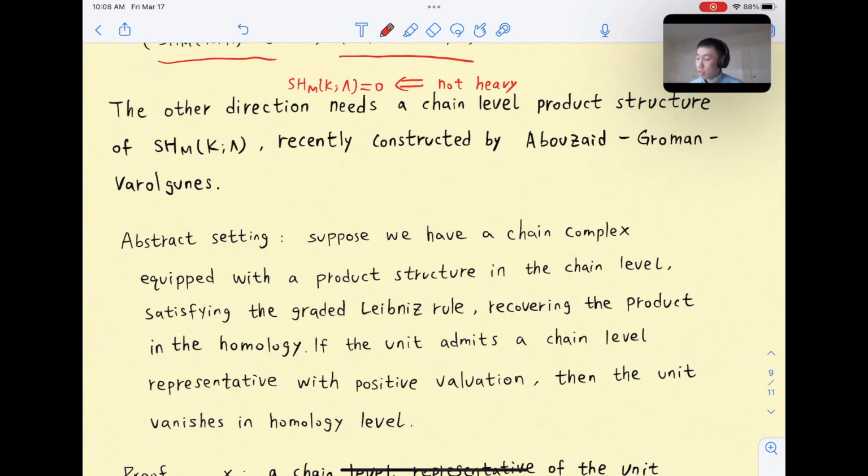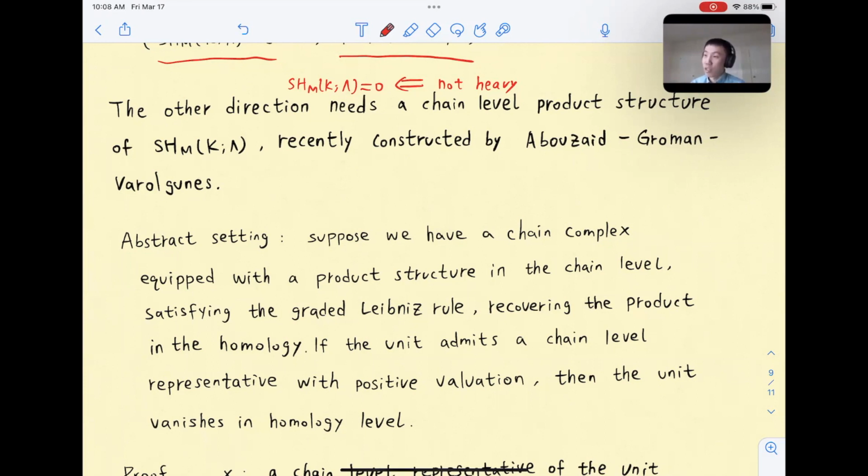It needs a chain level product structure of this relative invariant. Recently, this chain level product structure was constructed by Abouzaid and Groman, Varolgunes. Previously, we only said this homology is an algebra and has a product structure, has a unit, and so on.